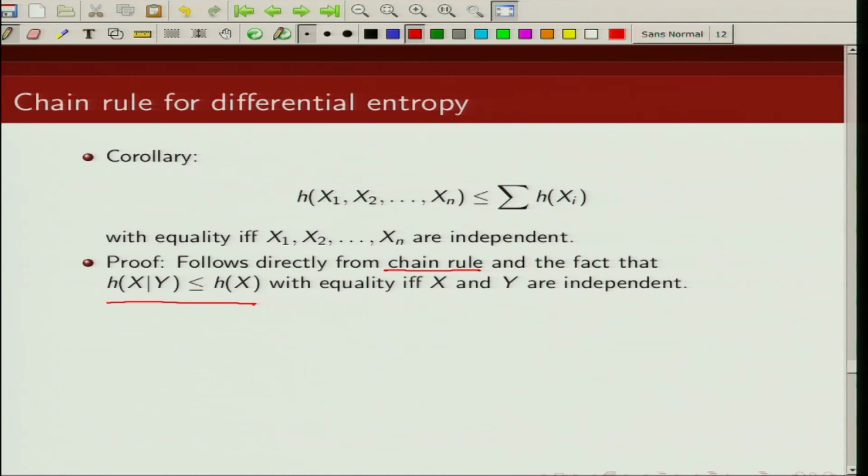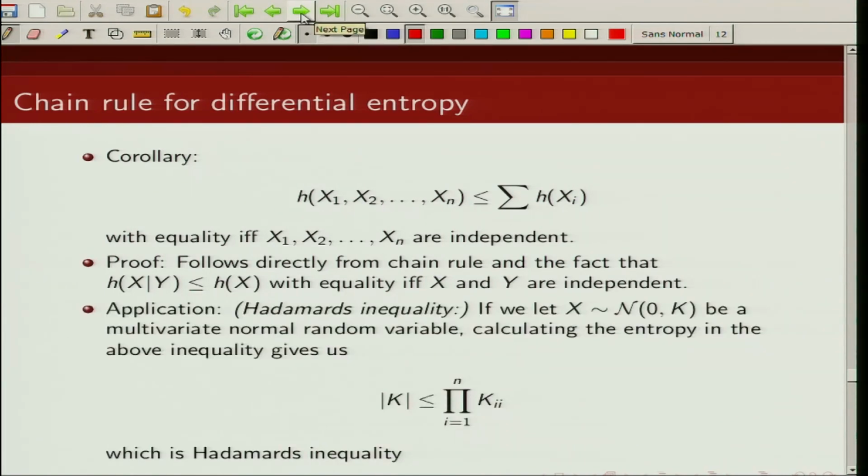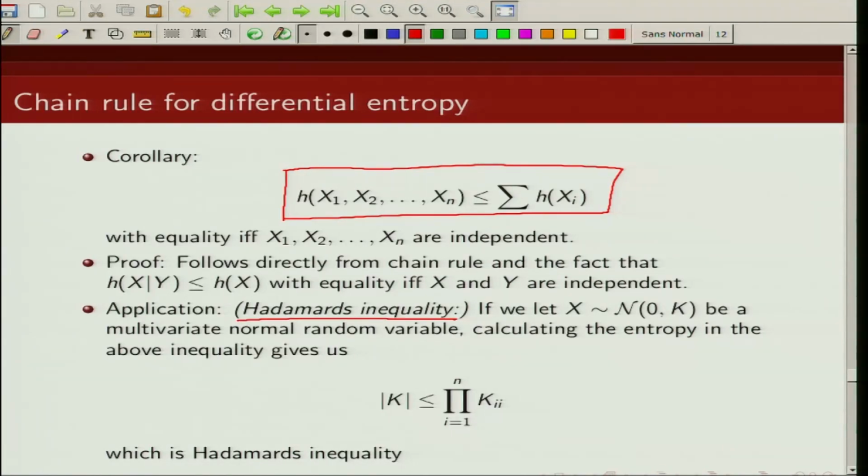Only when x and y are independent is this equal. Now we can make use of this result to prove what is known as Hadamard's inequality. So we consider a multivariate random variable with 0 mean and covariance matrix given by K.